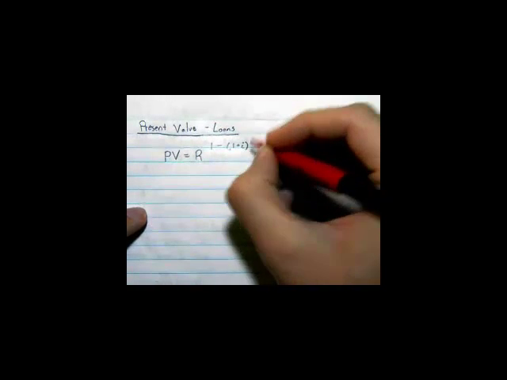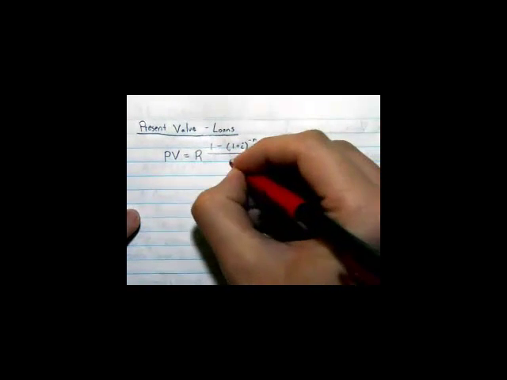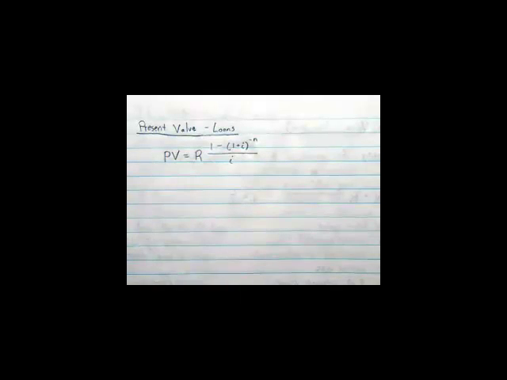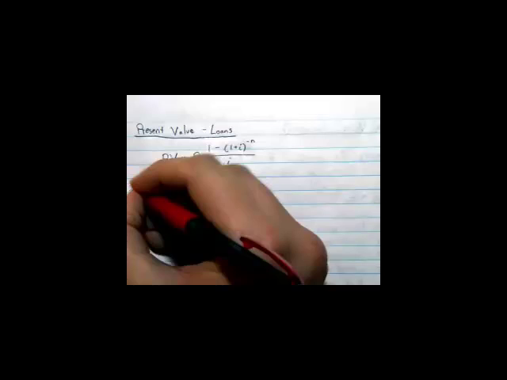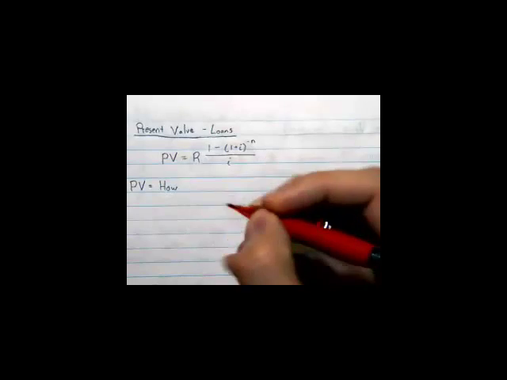It's a pretty similar looking formula. It's got some of the same variables. They all mean the same things, but it's set up a little differently. Okay? So PV, present value. Value is another way of saying how much you still owe on a loan.